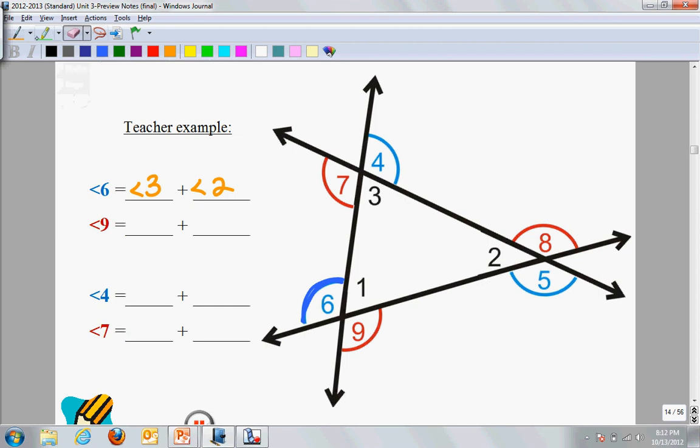Angle 9 will also be equal to the angles that are inside the triangle but far away. That's why they're called remote. So guess what? In this case, 9 is also angles 3 and 2 added together.